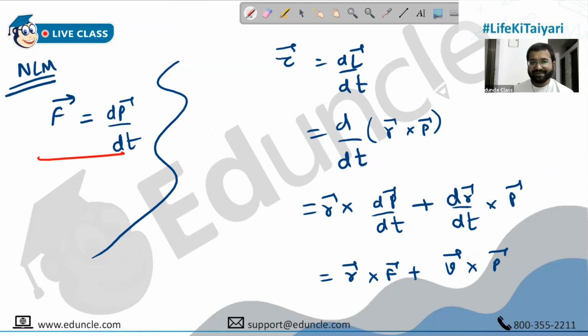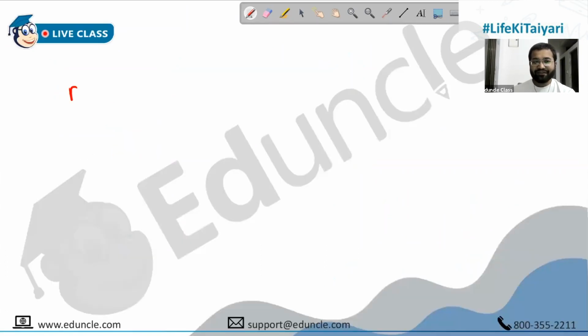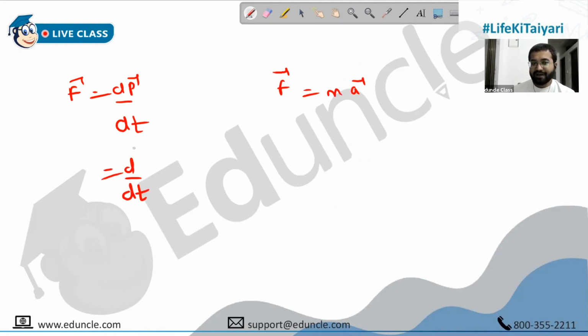Very similarly, when you write force as rate of change of momentum with respect to time, this is always valid. You cannot say force is mass into acceleration is always valid. Why? Because d by dt of momentum is actually d by dt of mass into velocity. Only if mass is constant can you throw the derivative outside.